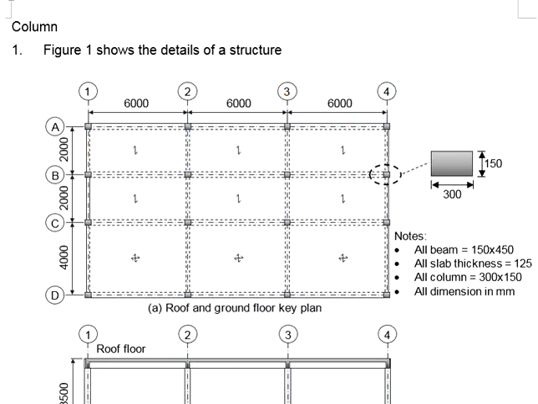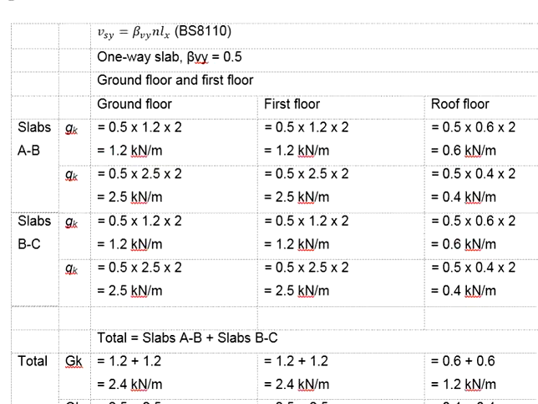Whatever GK and QK obtained here, you are going to multiply with Lx divided by 2, assuming that half of the weight will go to this side.